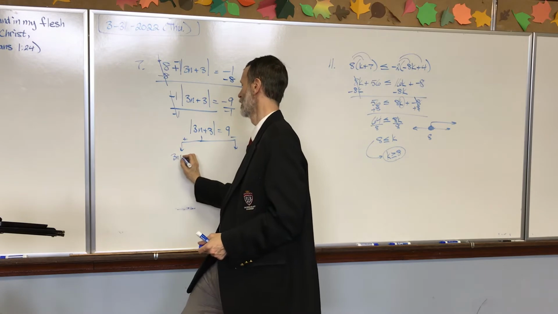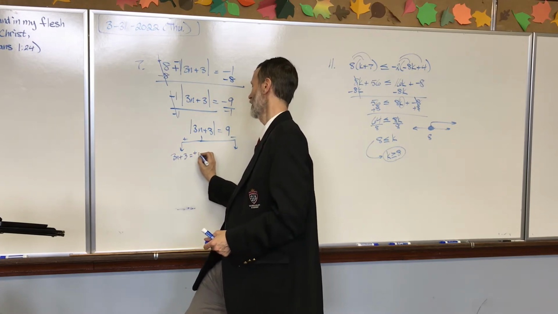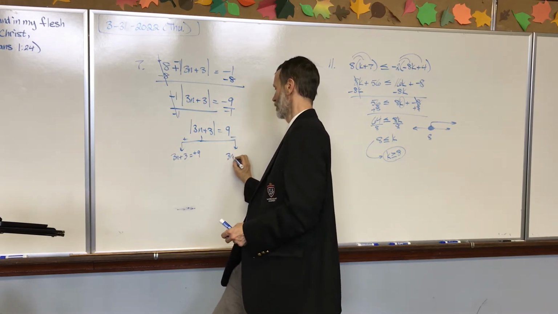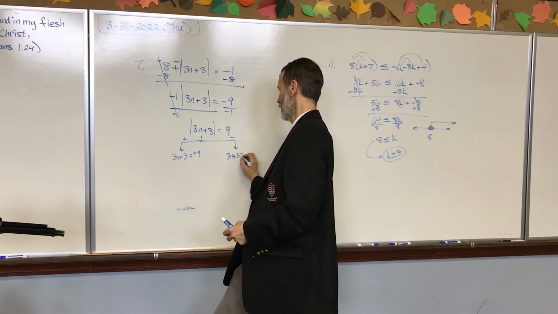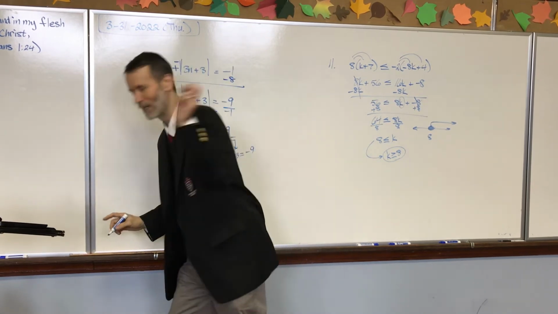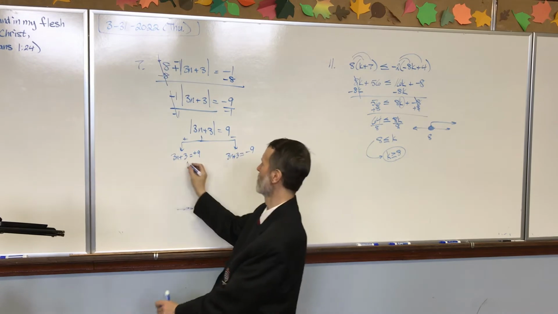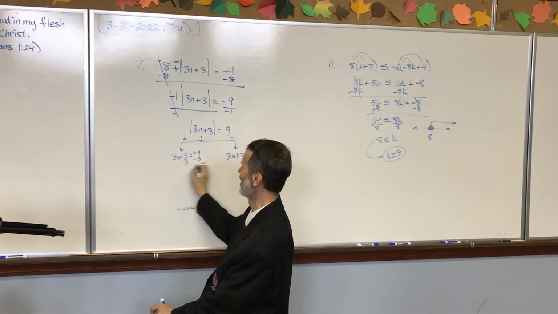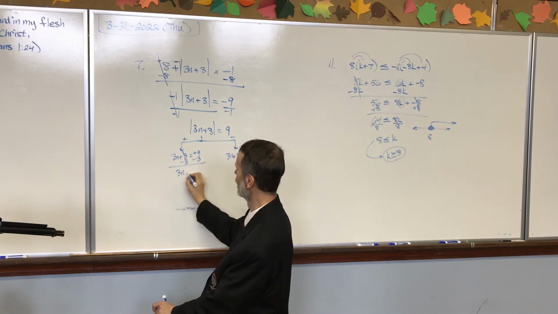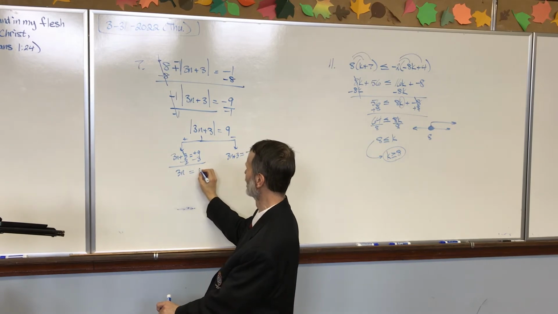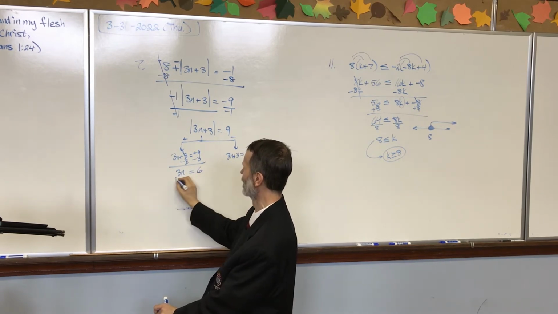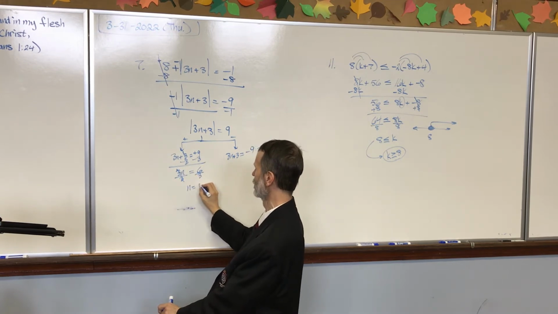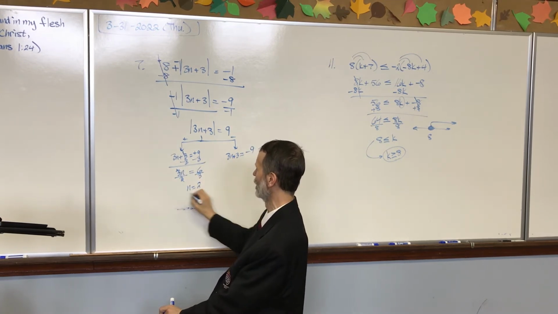So 3n plus 3 equals positive 9, and 3n plus 3 equals negative 9. Brendan, solve for me. Minus 3. Yep. Does that flip the sign? No. And then it equals 6. Then divide by 3. And what do you get? N equals 2. Good.